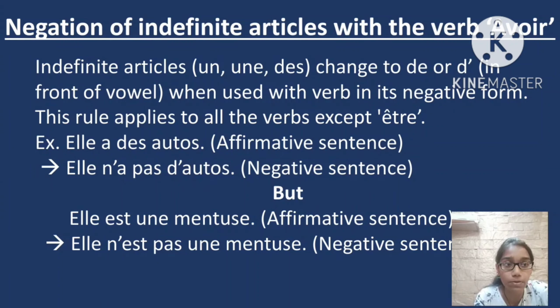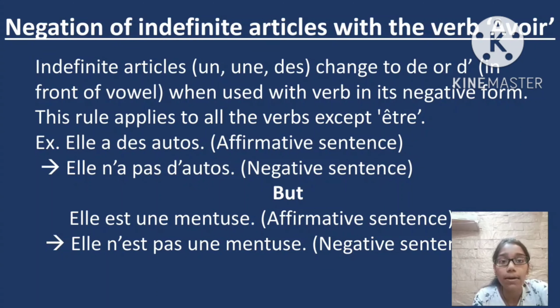Être is an exception. Example: elle a des autos. This is an affirmative sentence. So the negative sentence will be elle n'a pas d'autos. Here d apostrophe is used because auto starts with A and A is a vowel.